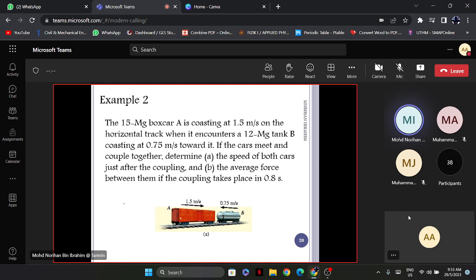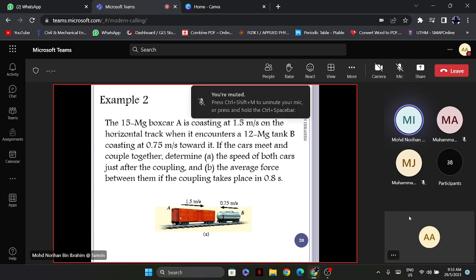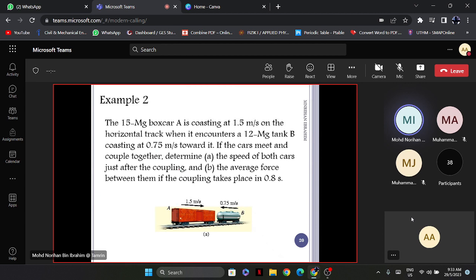So we have two: one is a box car and another one is a tank. On the horizontal track, this one is the 15 megagram box car, and the other one is tank B, coasting at 0.75 meter per second toward it.